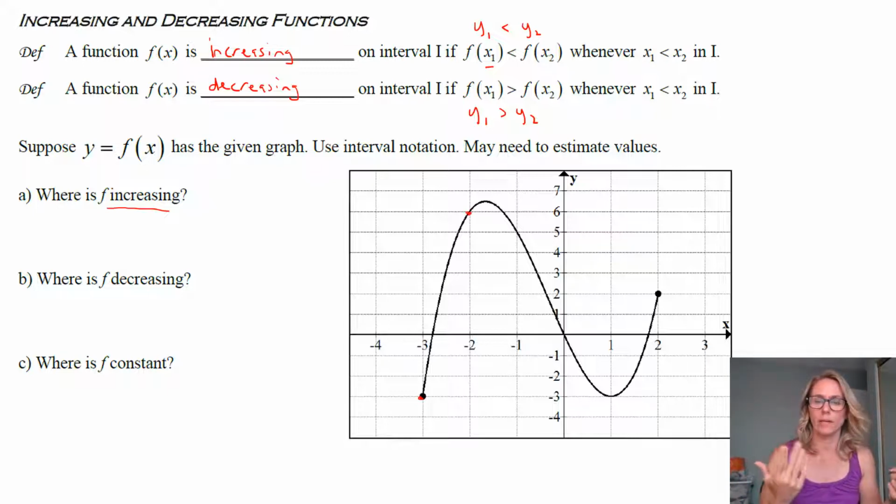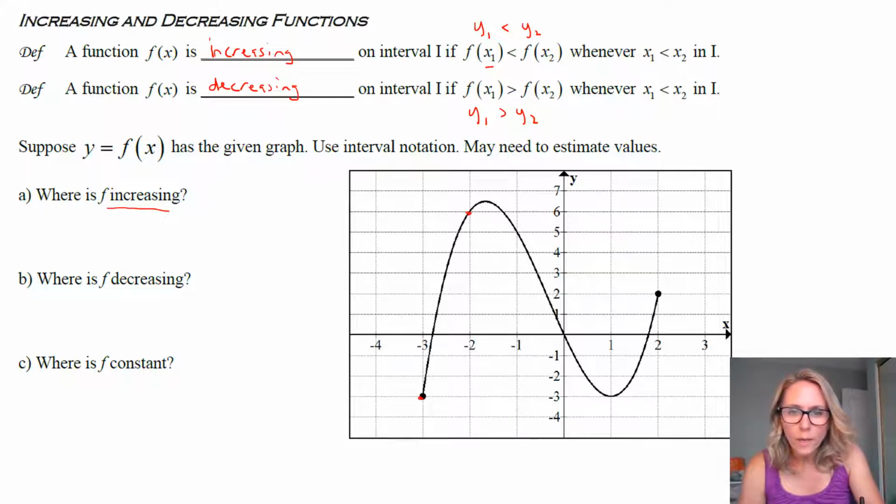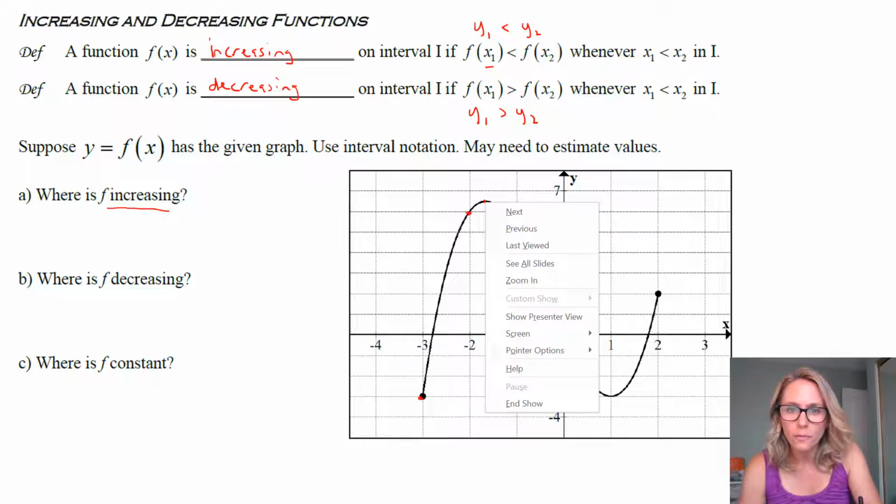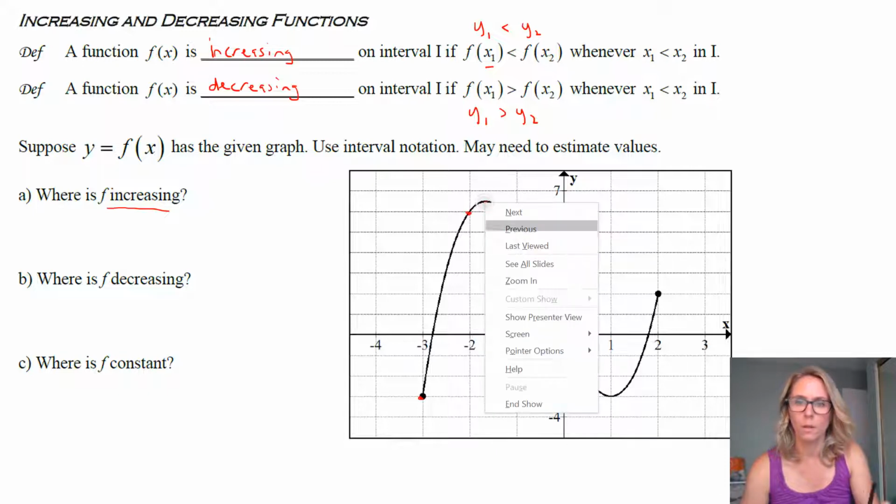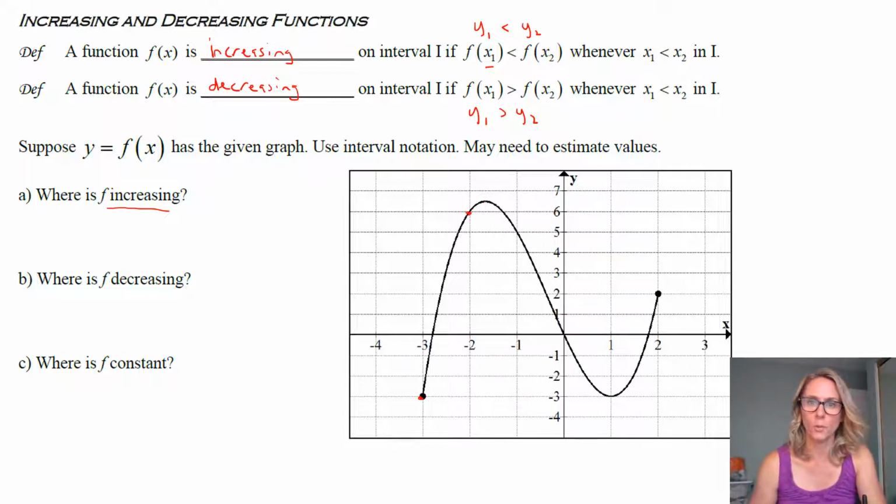So that's by definition increasing. But we notice that right around here, it levels off. So right here, it stops increasing because it is basically flat right at that spot.